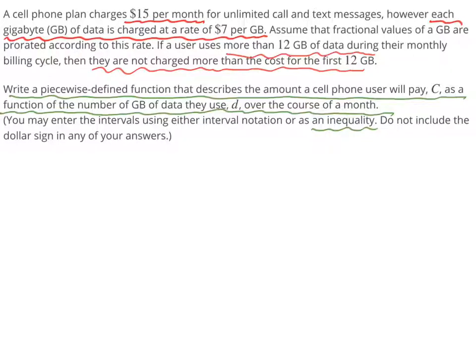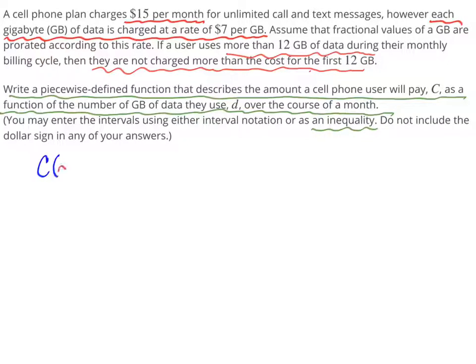So let's organize the information. Remember, a piecewise definition of a function is sort of like a table. We have a column for the rules, and then a column for the pieces of the domain that those rules apply to. So we said we've got two pieces.